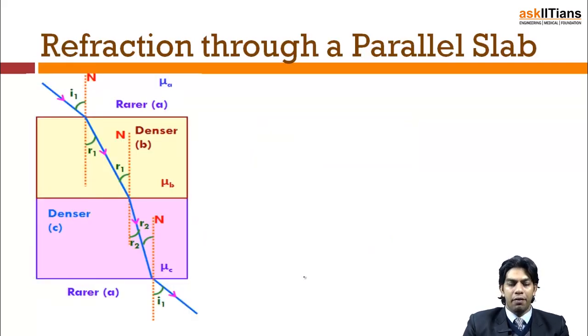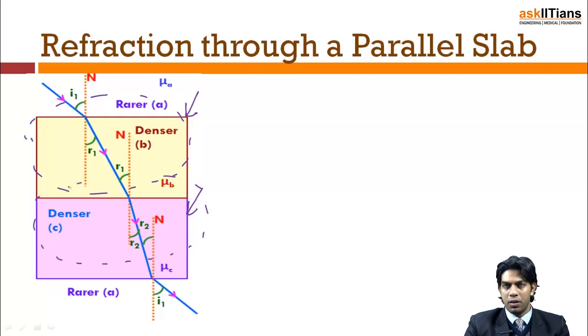So again, I can put up multiple slabs, the way I have done it over here. Each one, whatever is happening at one surface, will act as the incident for the next surface.